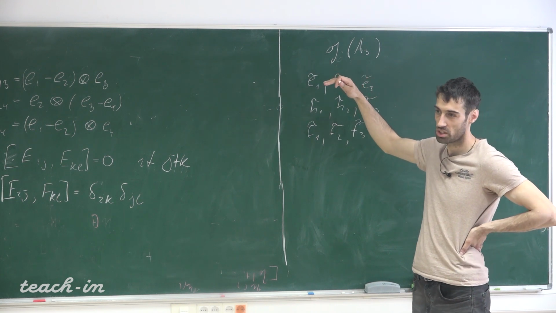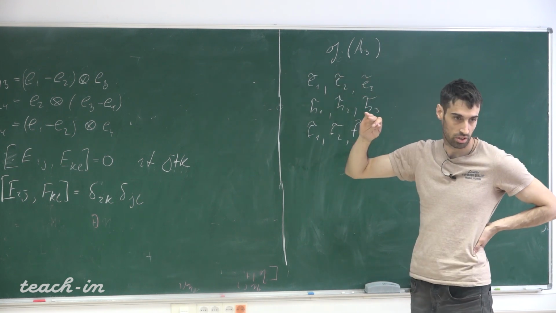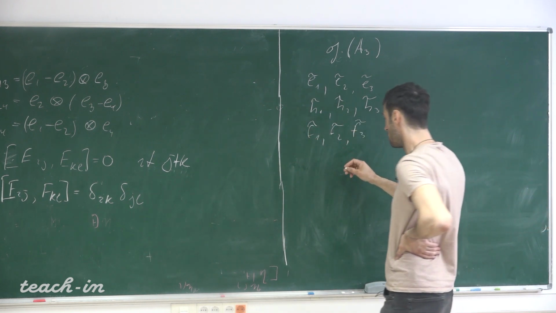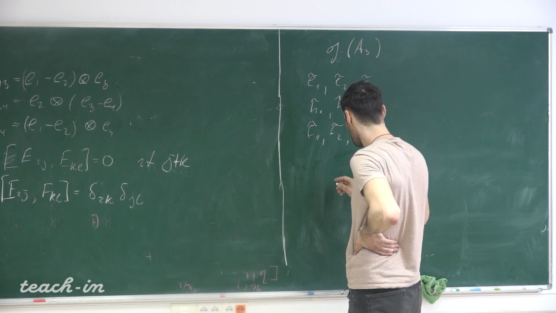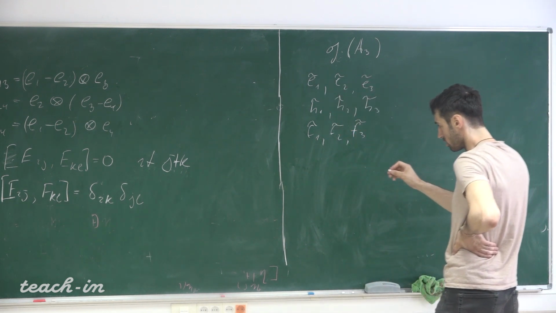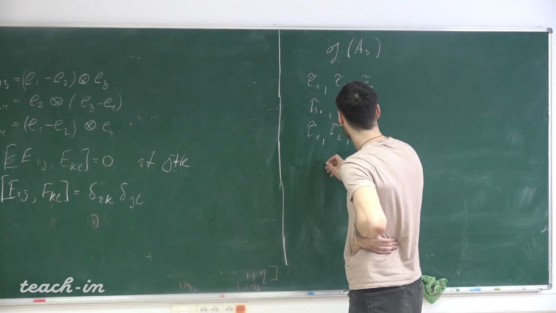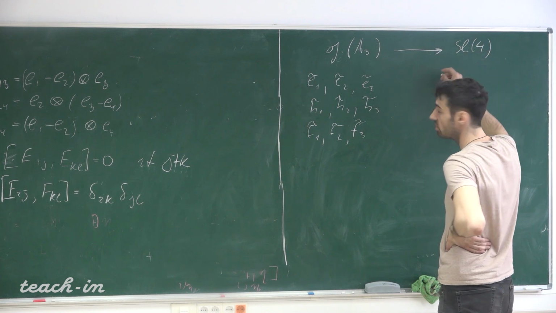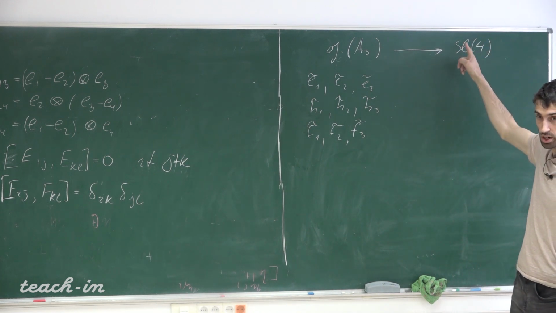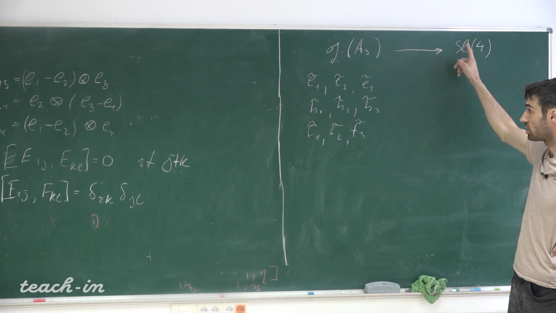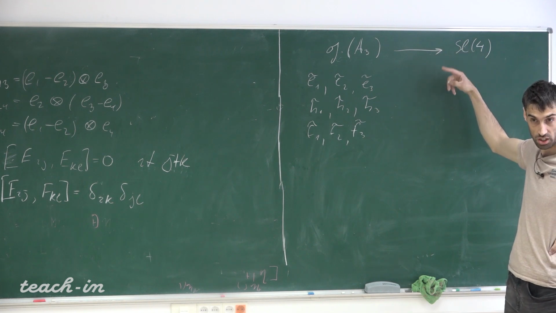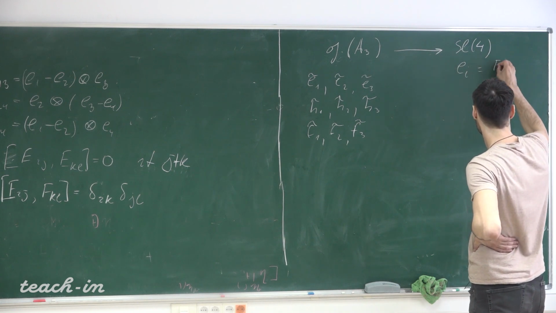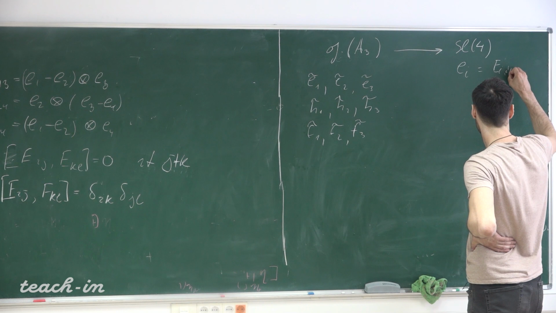Now, we would like to see that this is actually isomorphic to SL4. How to do this? The claim is the following. First of all, I know that there is a homomorphism from here to SL4, because in SL4 I have these generators of n plus, h, and n minus. So in here I have these e_i's, which are e_{i,i+1}.